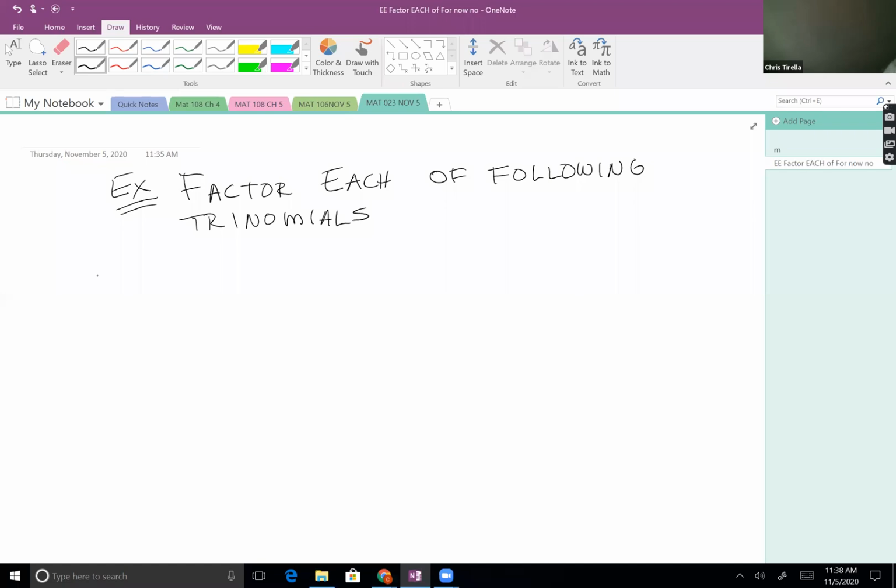And so let's start with x squared plus 7x plus 10. When I factor, the first time I look at it, I ignore the middle term.